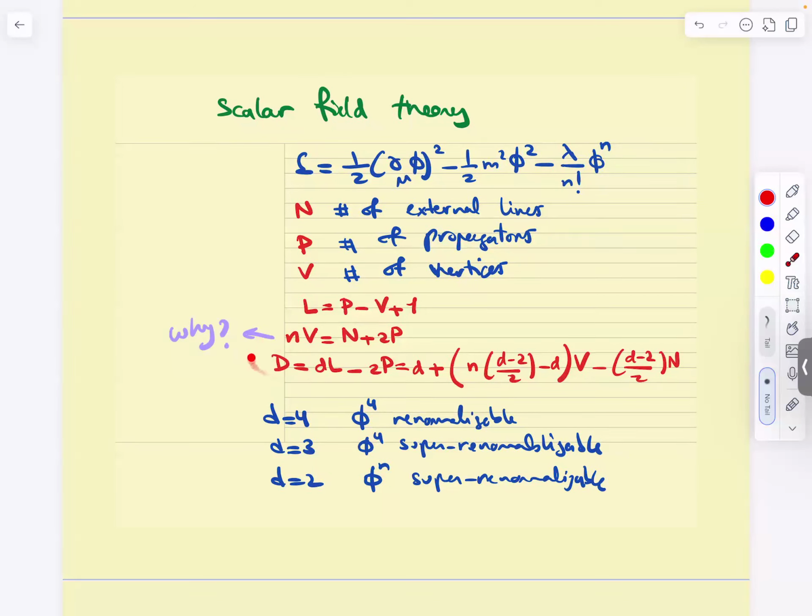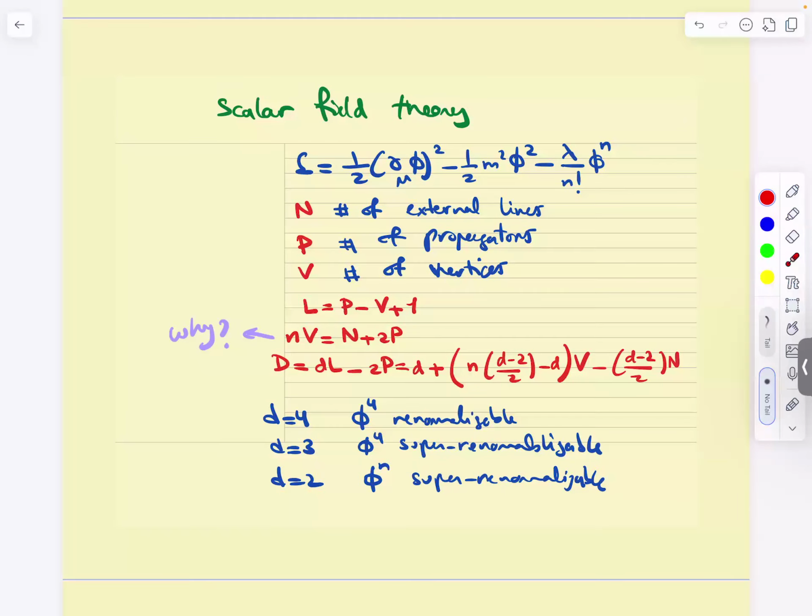The superficial degree of divergence is the space-time dimension times the number of loops minus 2 times P. Here we have the relation. So these are the two relations that we said before. The number of loops is related to the number of propagators, lines, and vertices using this relation.